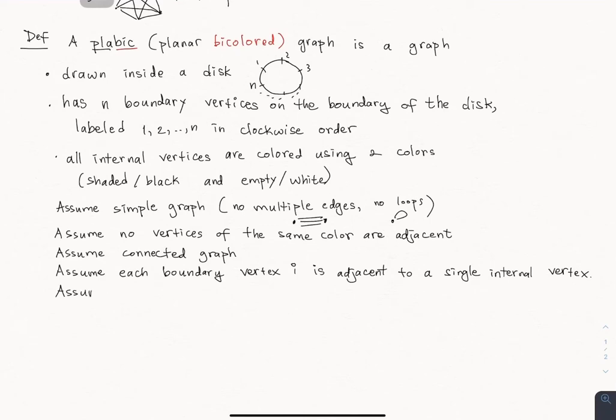And we assume no leaf except for the boundary vertices. Remember that a leaf is a degree 1 vertex.